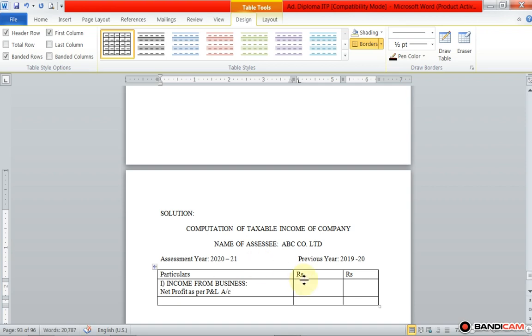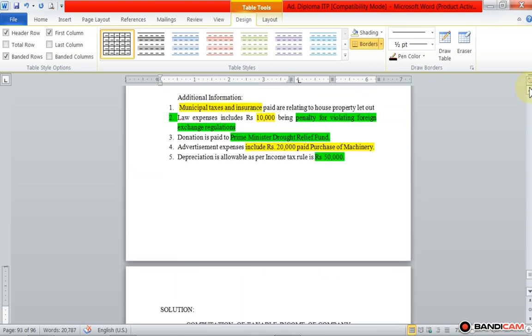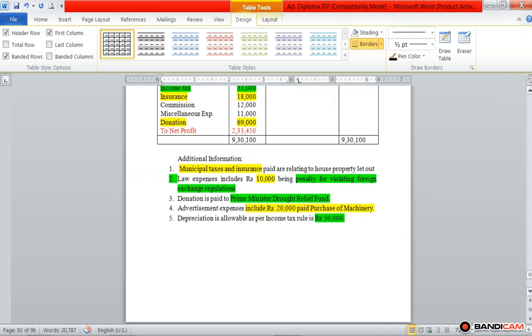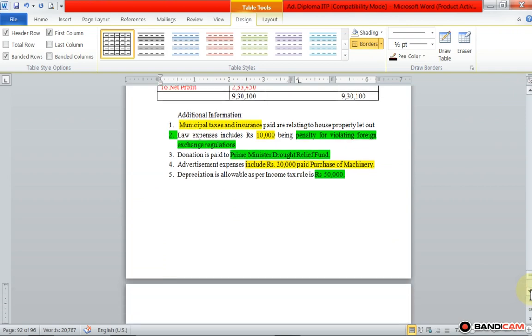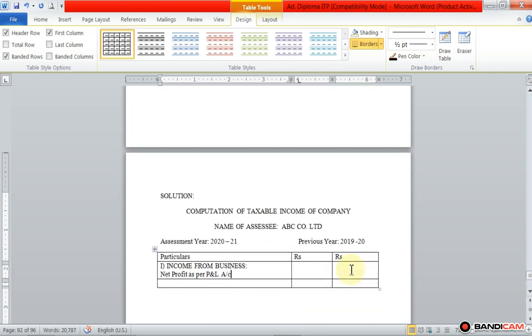In the profit and loss account, net profit is given, amounting to rupees 2,33,450. That is the net profit.